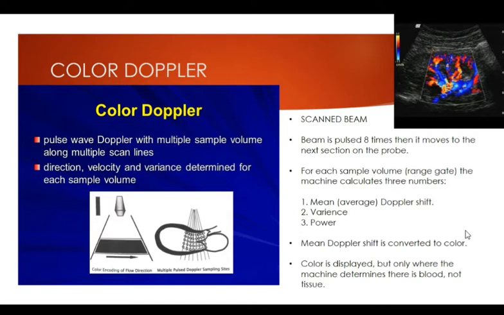Anyway, that mean Doppler shift is converted to color, and it's superimposed onto our B image, and then the machine determines where there is blood and not tissue. So that then is displayed up onto the top of our image.